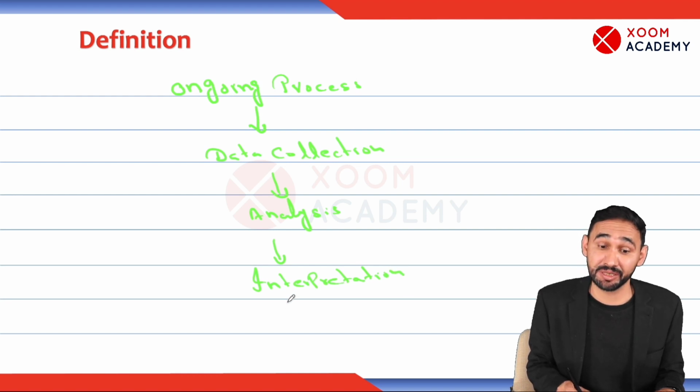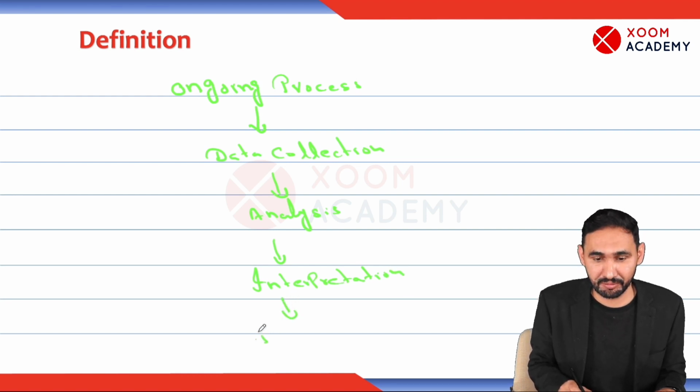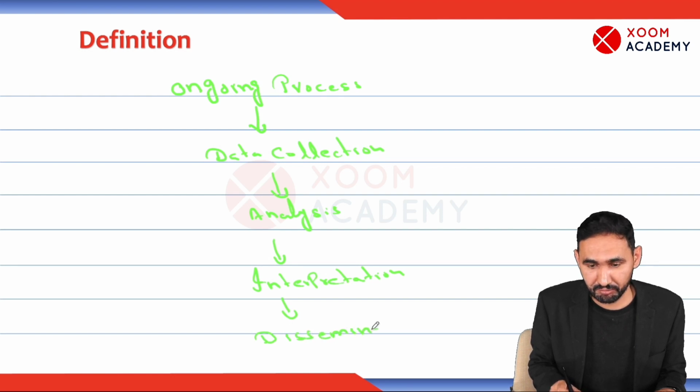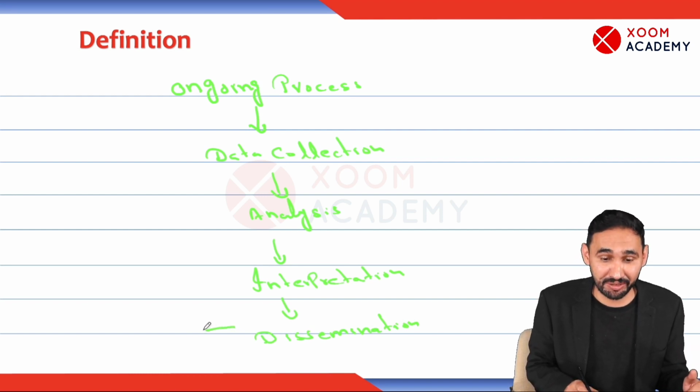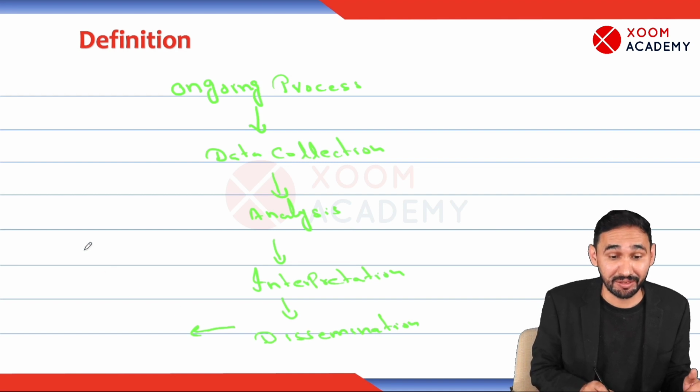After interpretation, we disseminate the data. So it's an ongoing process of data collection, analysis, interpretation, dissemination that is used for health planning.